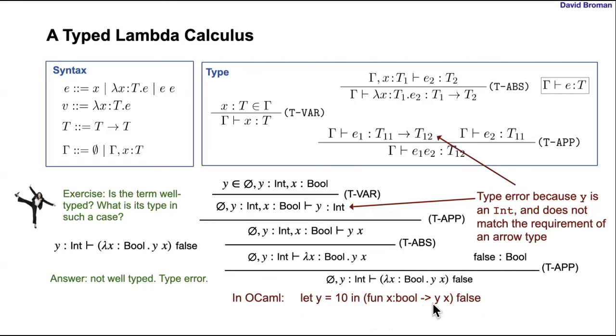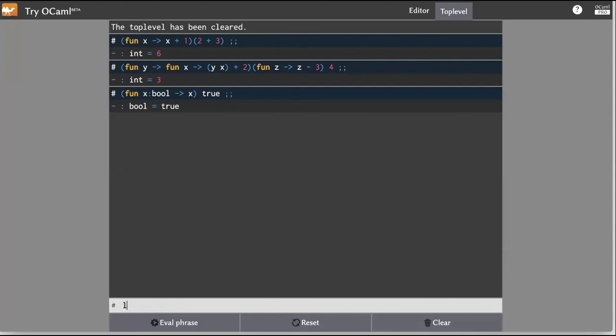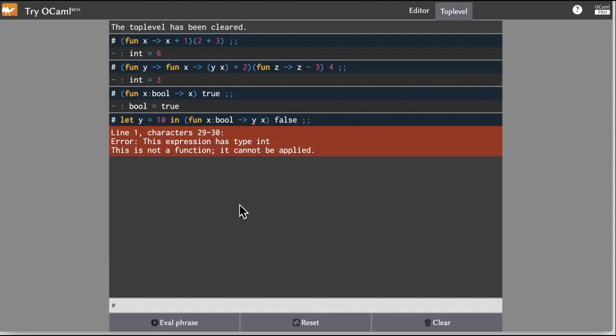So let's see what happens if we enter that in the REPL. We write let y = 10 in, parentheses, function bool y x, and then false. And we can see here that we have a type error. The error is over here, underlined with a red underline, y here.